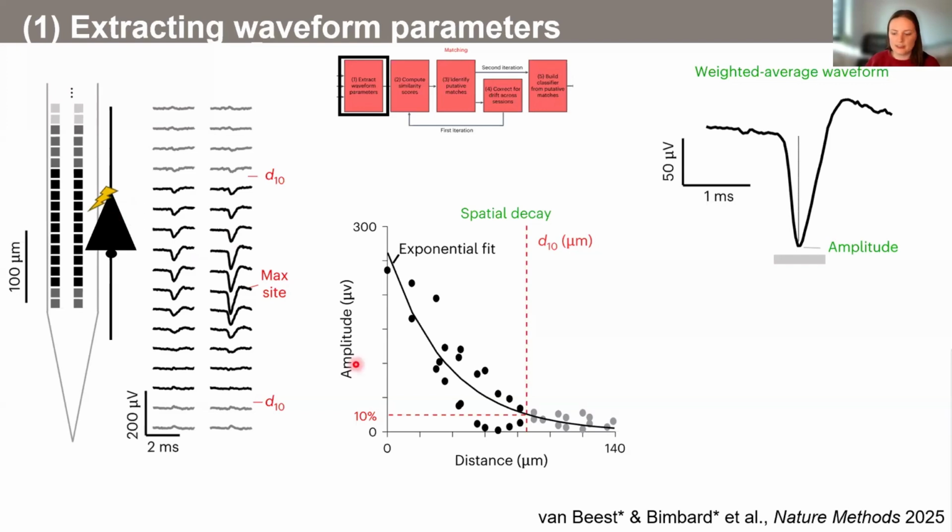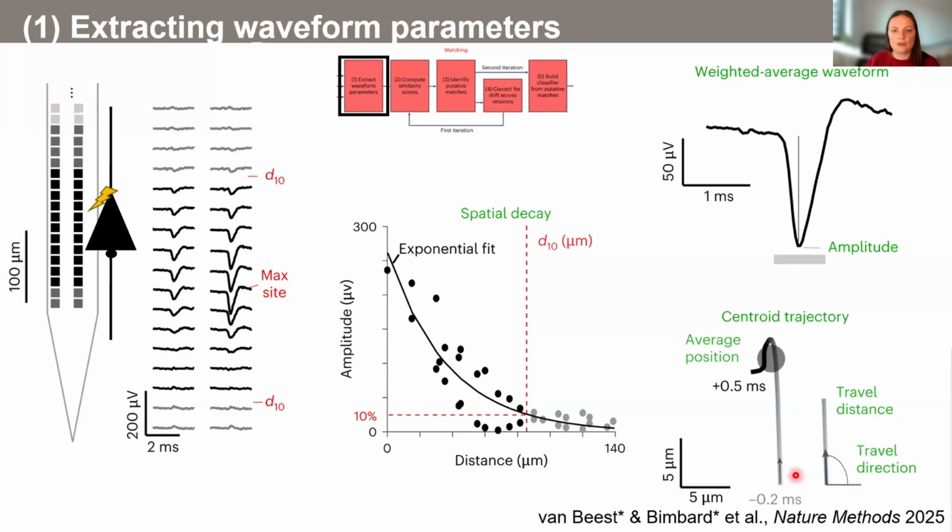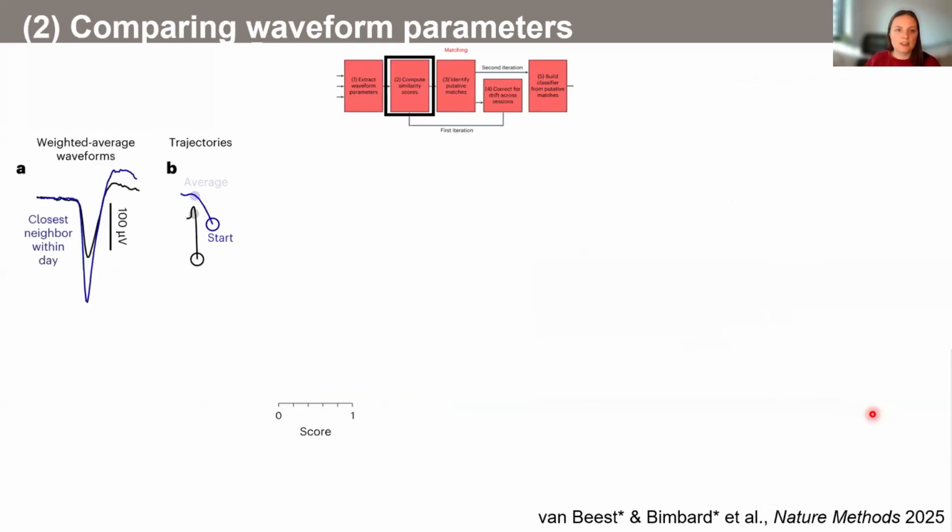So if you have enough density, you can actually plot the weighted position based on the amplitude at a given time from, in this case, minus 0.2 to 0.5 milliseconds from the start of the waveform. So from this trajectory, we can again extract some parameters that might be useful to tell us which neurons are the same.